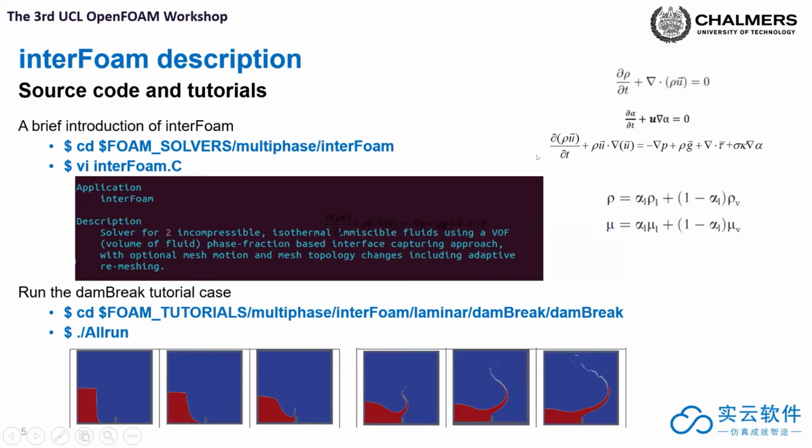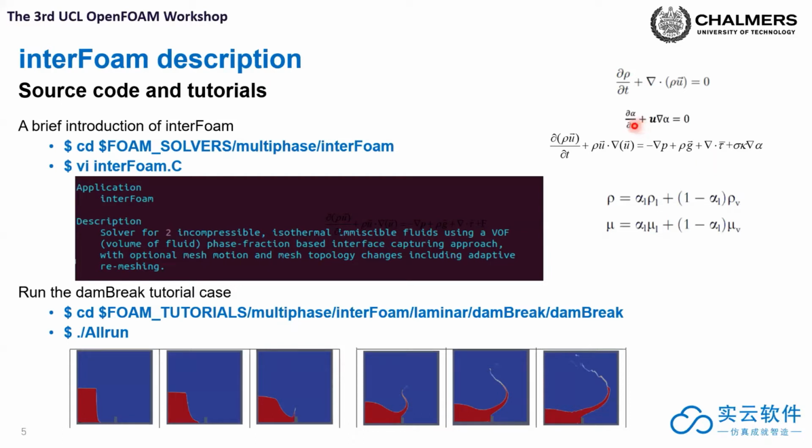The governing equations are the continuity equation and the momentum equation. And also, since we need to solve for alpha, the phase fraction, there is another transport equation for alpha.